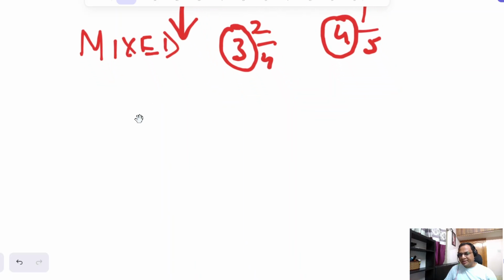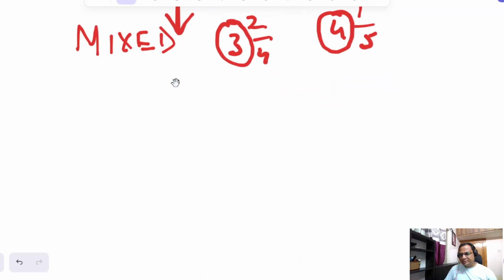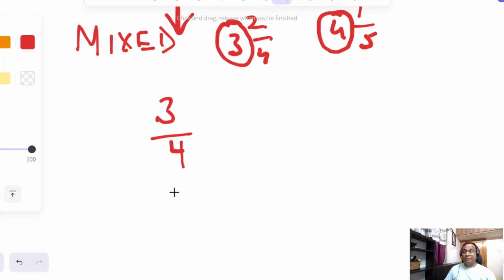All your improper fractions can be converted to mixed fractions. For example, if I take 3/4, what type of fraction is it? It is a proper fraction, and proper fractions cannot be converted to mixed fractions. Only the improper ones can be converted.